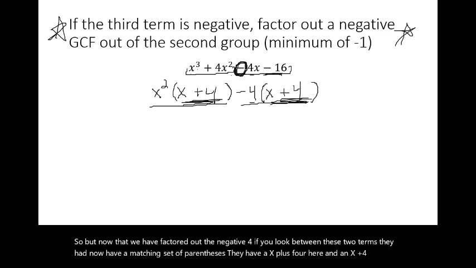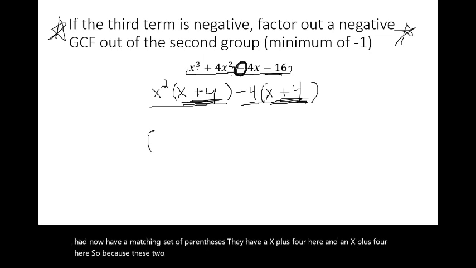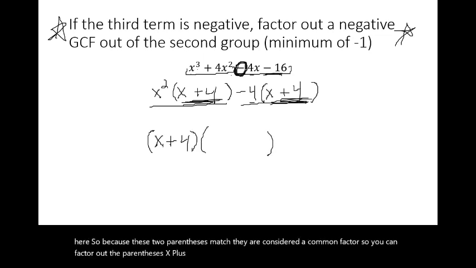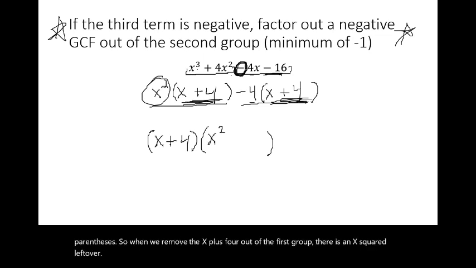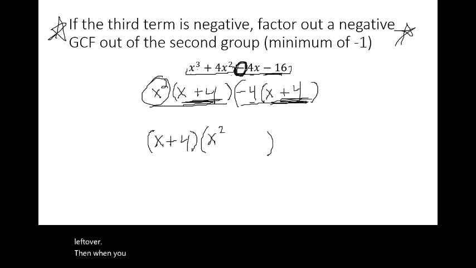Because these two parentheses match, they are a common factor, so you can factor out the parentheses x plus 4. And then we put the leftovers in another set of parentheses. When we remove the x plus 4 out of the first group, there is an x squared left over. Then when you remove the x plus 4 out of the second group, there is a -4 left over.